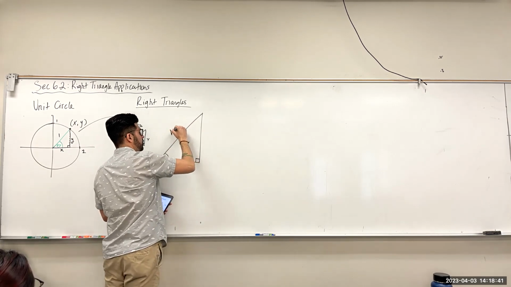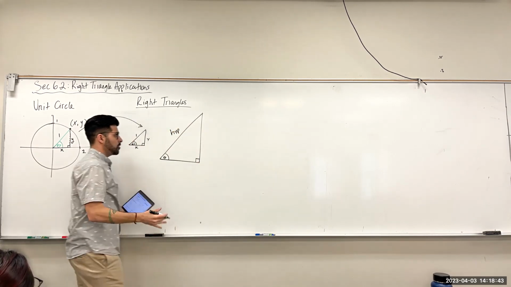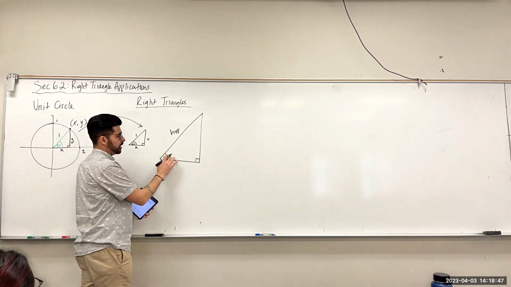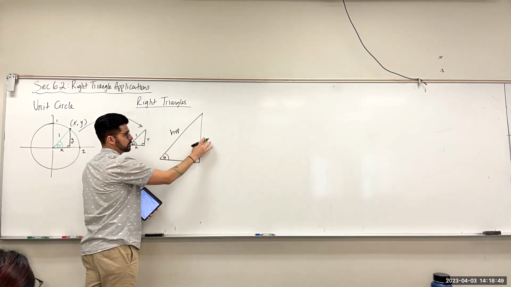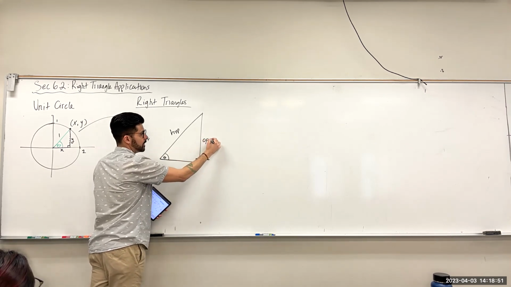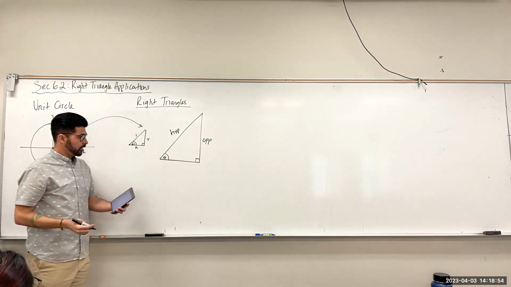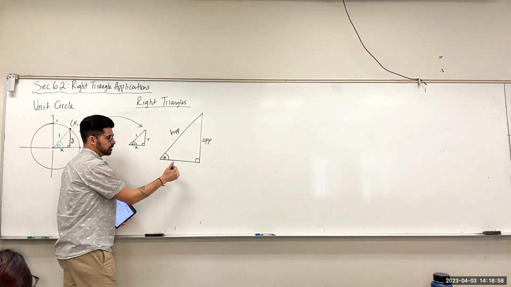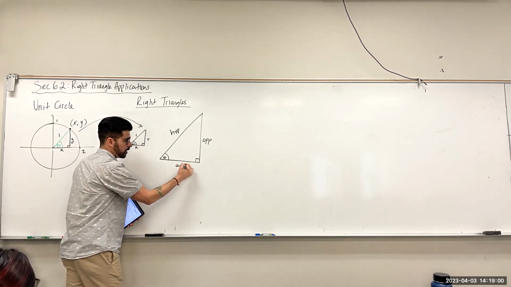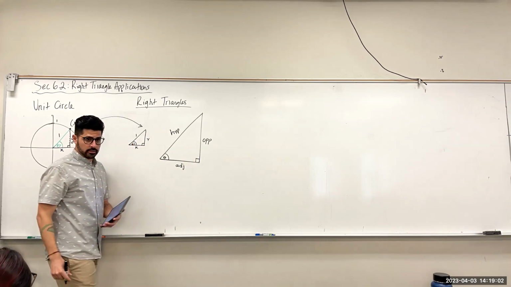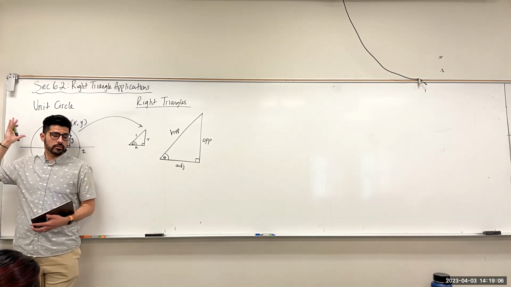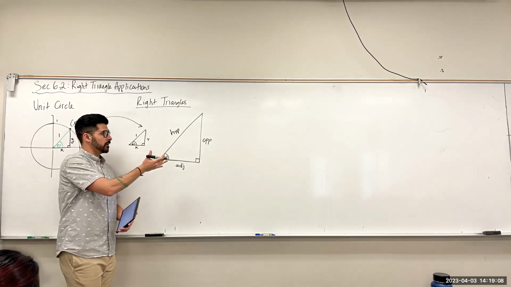So I'm going to call it HYP. And then there's the opposite side here of your angle. I'm going to call it the OPP. And then this side touching the angle, ADJ for adjacent, okay?